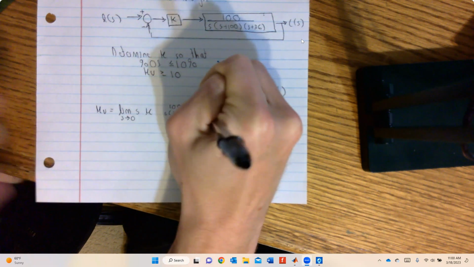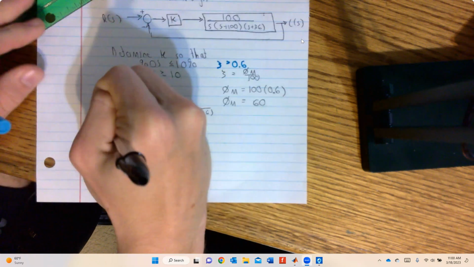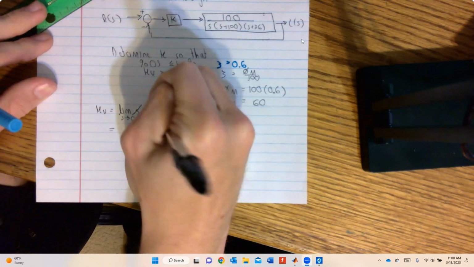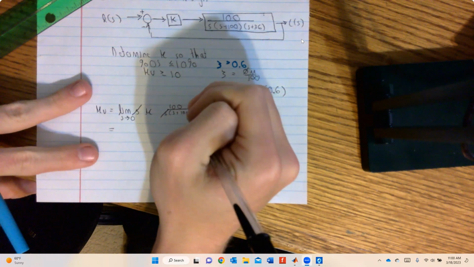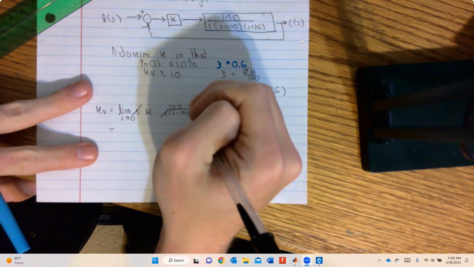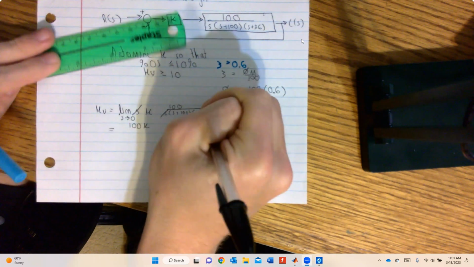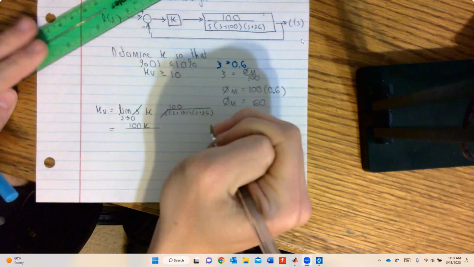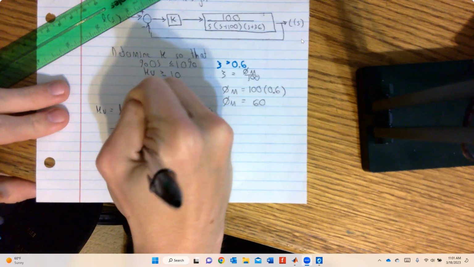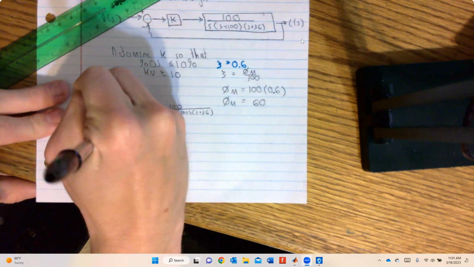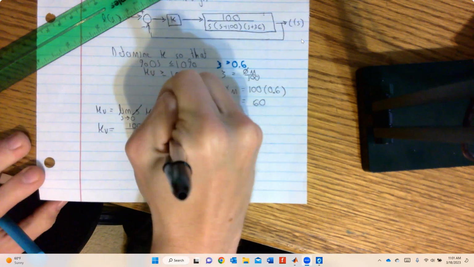So what we're going to do here is the s would cancel the s, so you're going to get 100k all over 3,600. And remember, this is our KV, and our KV must be greater than or equal to 10.